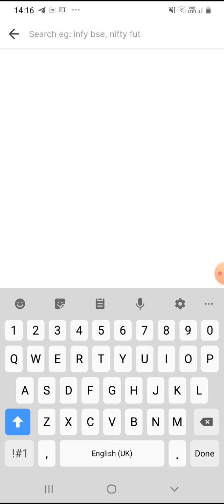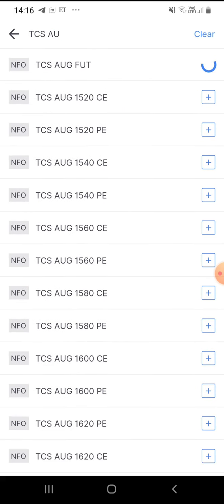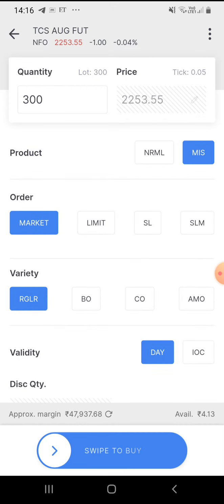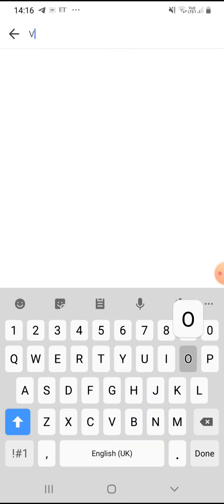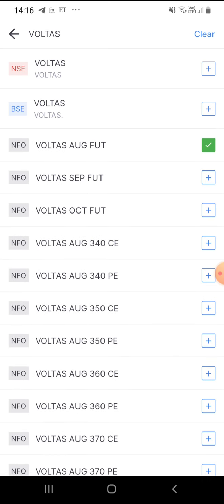For example, let's take TCS back, it will be 300 shares only. Take 300 shares in the quantity. So TCS 300 shares. For example, if you are taking Voltas August future, you can also check that in the Zerodha app, it is very easy to select these futures.